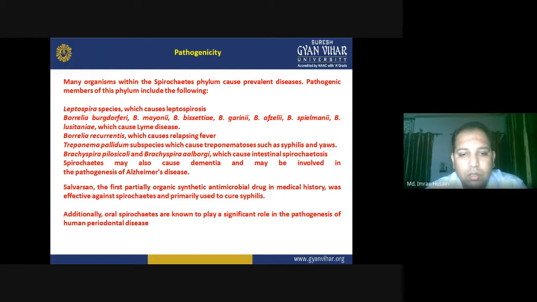Additional oral spirochetes are known to play a significant role in the pathogenesis of human periodontal disease. So there are many types of disease to which spirochetes are linked, like leptospirosis, Lyme disease, relapsing fever, okay, and syphilis, yaws, dementia, even Alzheimer's disease also.